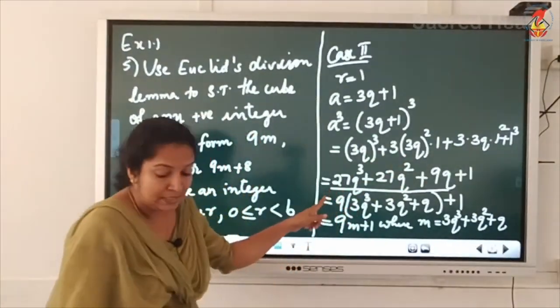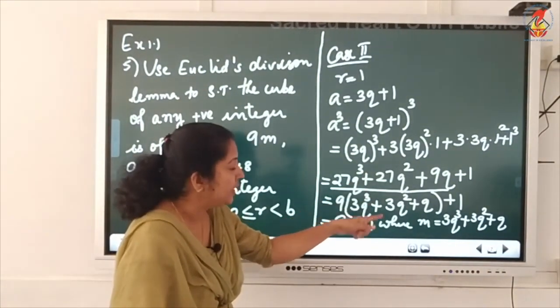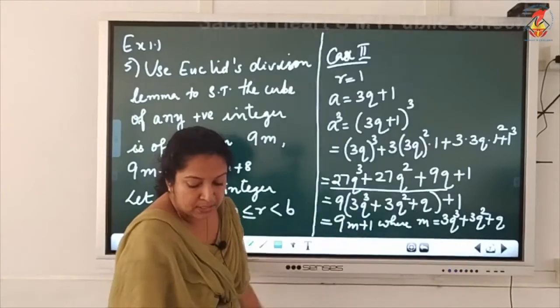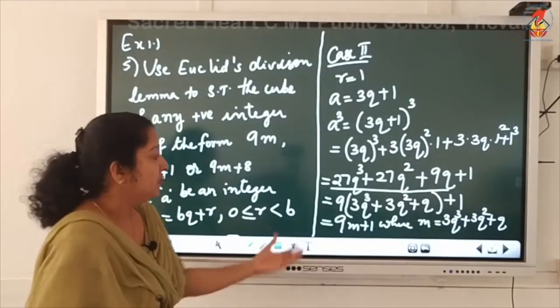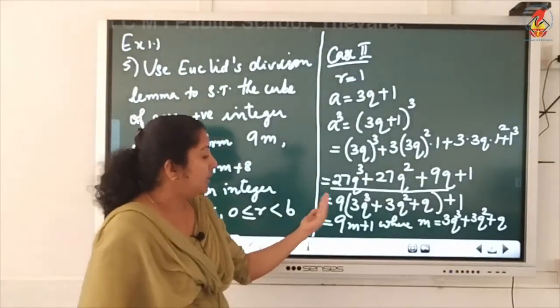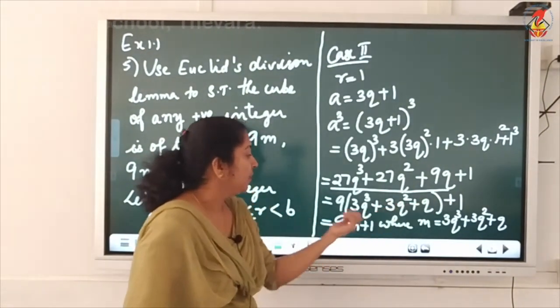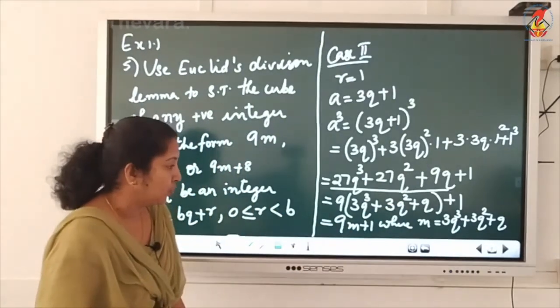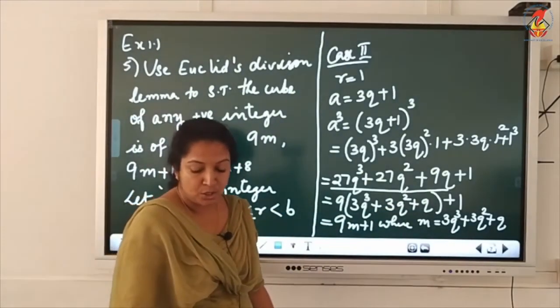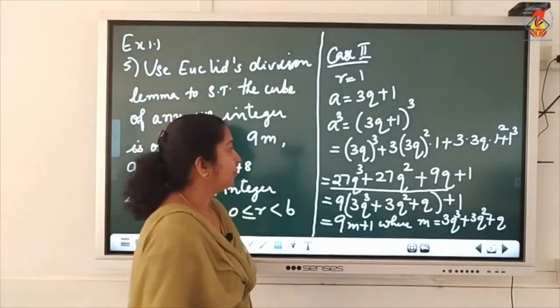Applying that, we are getting this as 27q cube plus 27q square plus 9q plus 1. From the first three terms, we are taking 9 out. So, 9 into 3q cube plus 3q square plus q, plus 1. So, it is equal to 9m plus 1, where m is equal to 3q cube plus 3q square plus q.